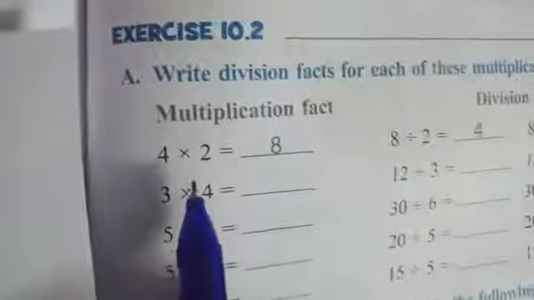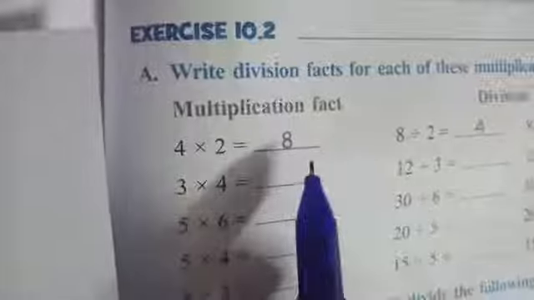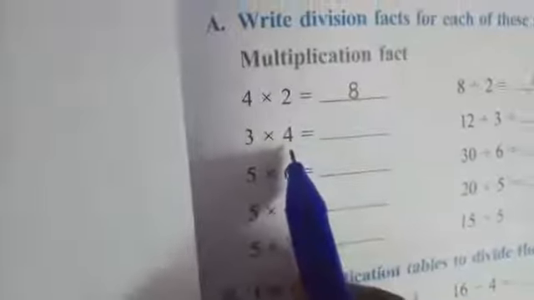In multiplication facts there are 2 facts, and in division facts also we can write 2 facts. Now see, it's given 3 4s are what? Here we can use the 4 table or the 3 table. 3 1s are 3, 3 2s are 6, 3 3s are 9, 3 4s are 12. Understand?